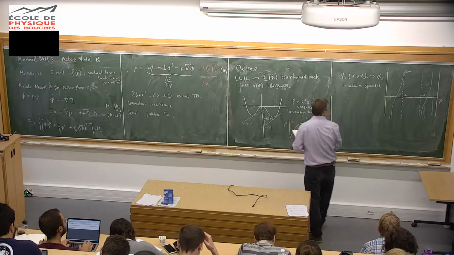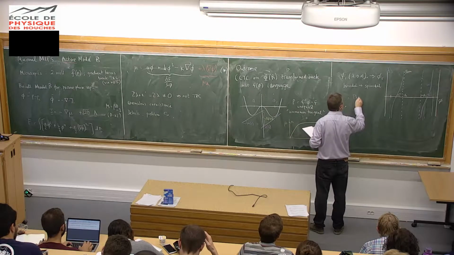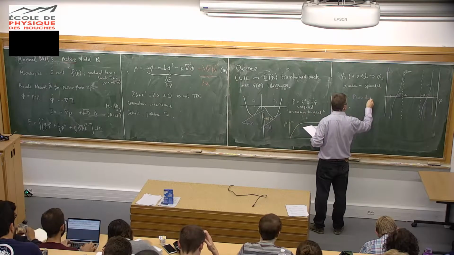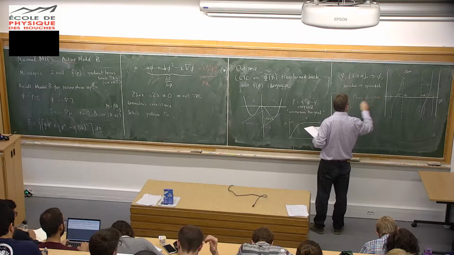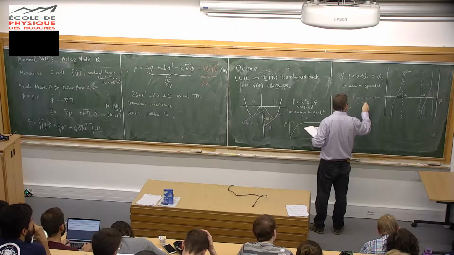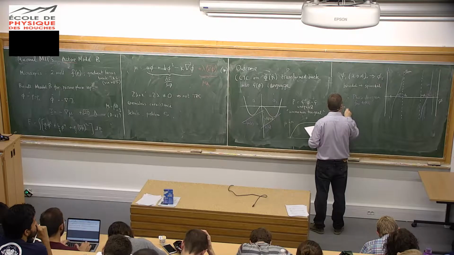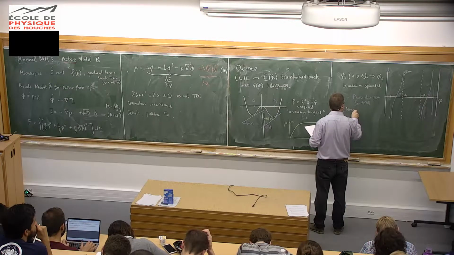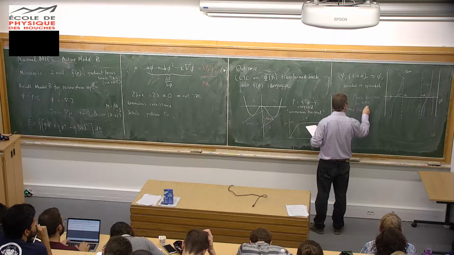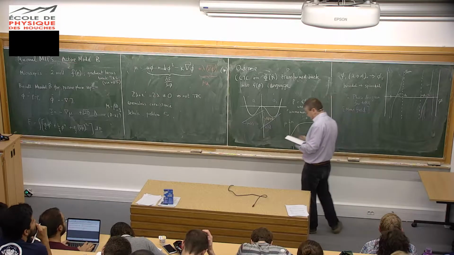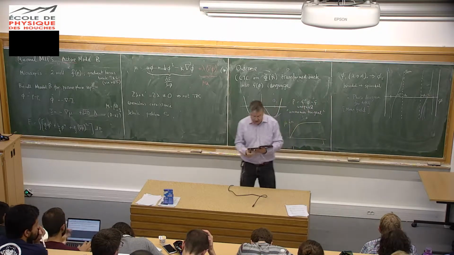Okay, so this is a phase diagram for active model B, and this is a mean field phase diagram, because that's what I was doing. All of these phase coexistence calculations neglect the noise.